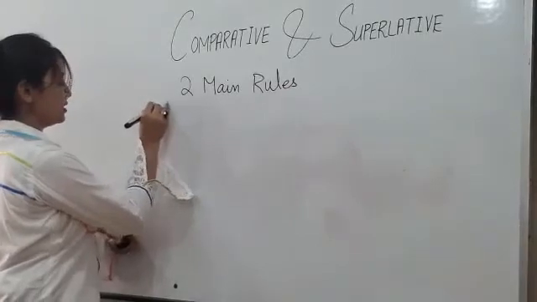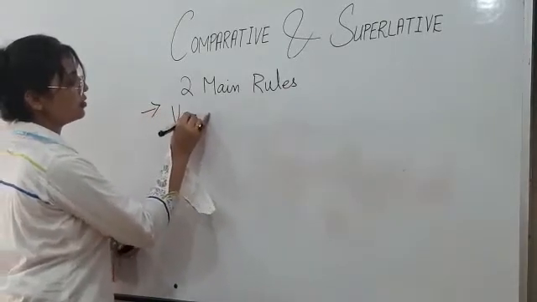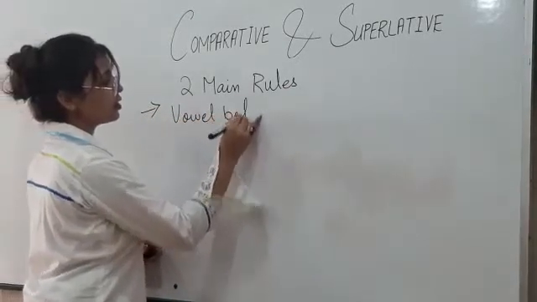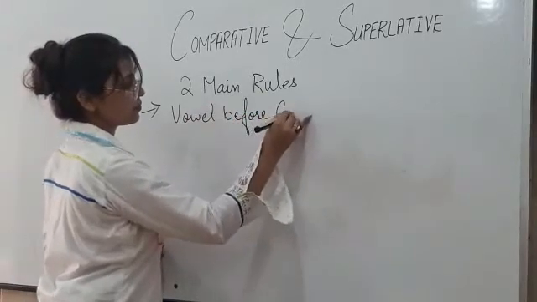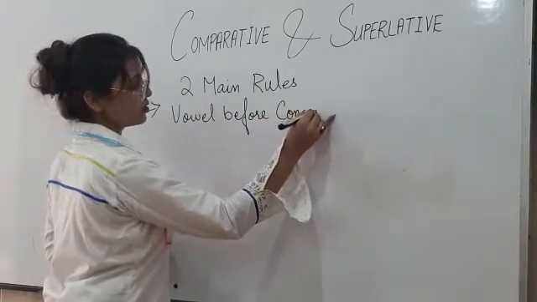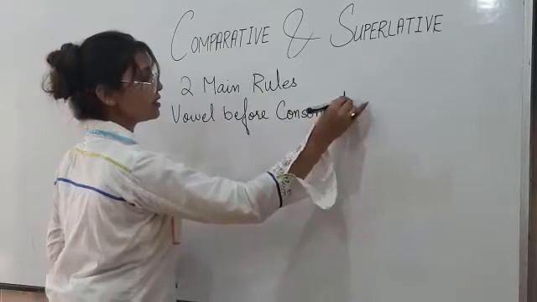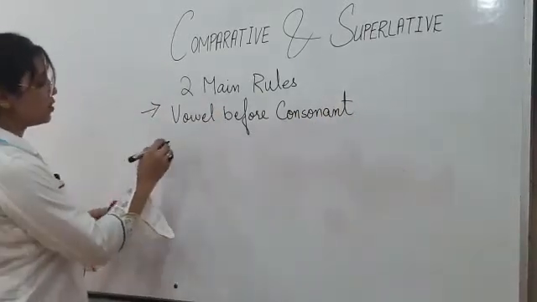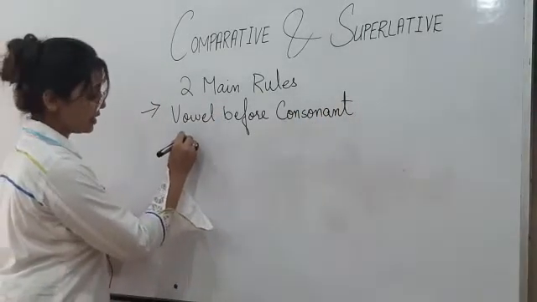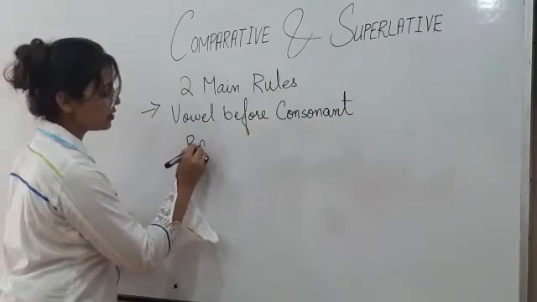First rule is vowel before consonant. For example, we will take one adjective like big.